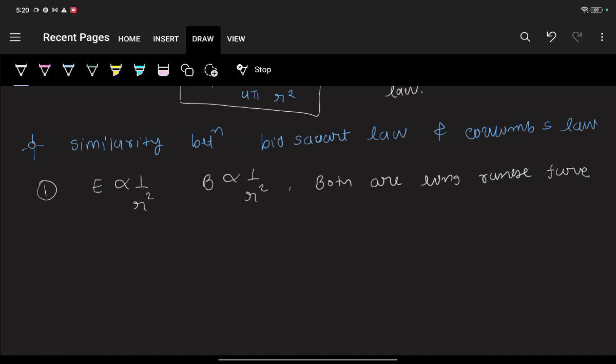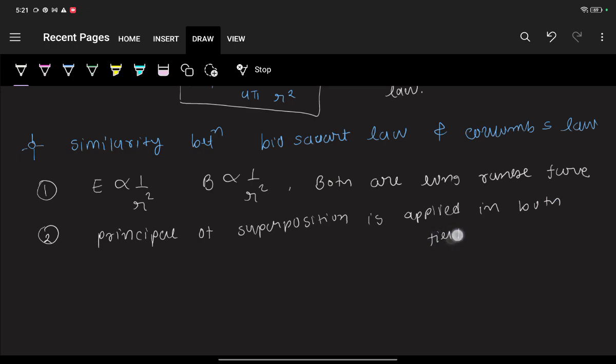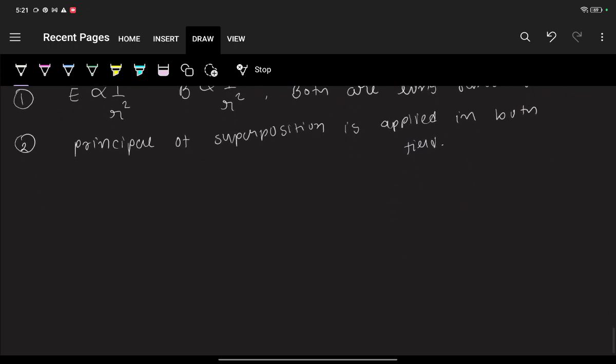The second similarity is that the principle of superposition is applied in both the fields. Remember the principle of superposition: like there are two fields at this point, E1 and E2.